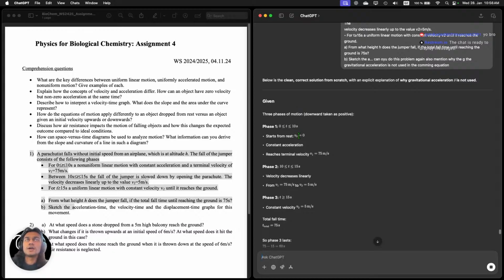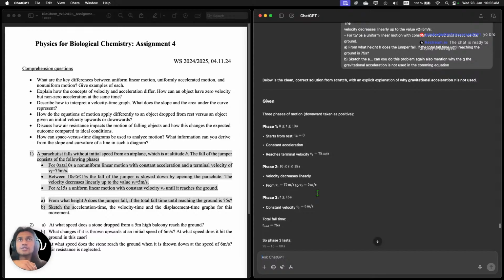Three phases of motion, with downwards taken as positive. Phase one, from 0 to 10 seconds, starts from rest, non-uniform linear motion with constant acceleration, reaching terminal velocity.